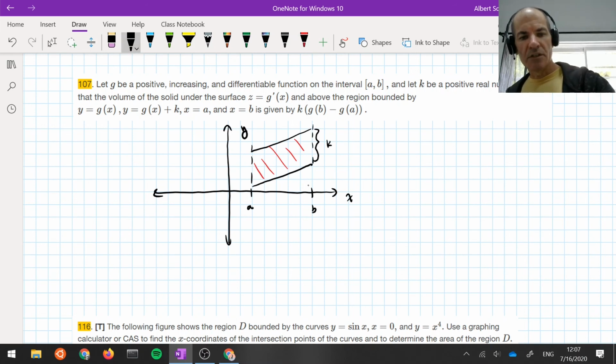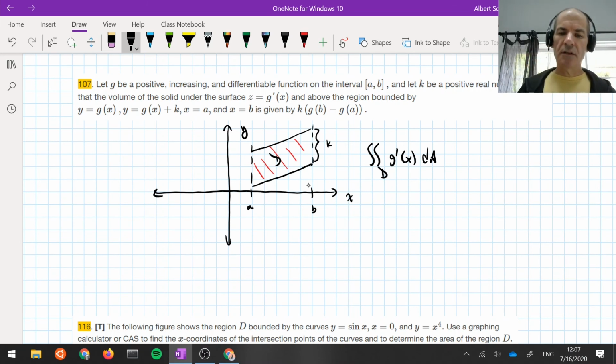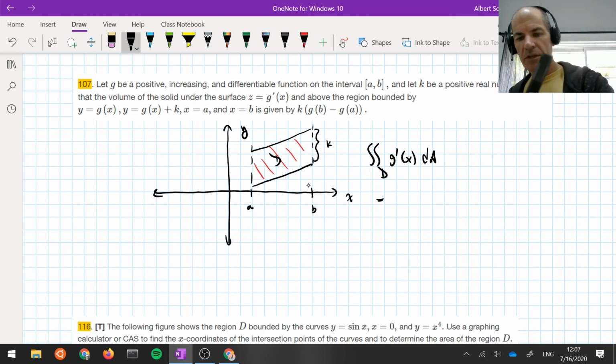This is the region D, and we want to compute the double integral of g prime of x over this region D. This looks like a type 1 region, so let's treat it as a type 1 region, which means we'll integrate with respect to y first, and then with respect to x.